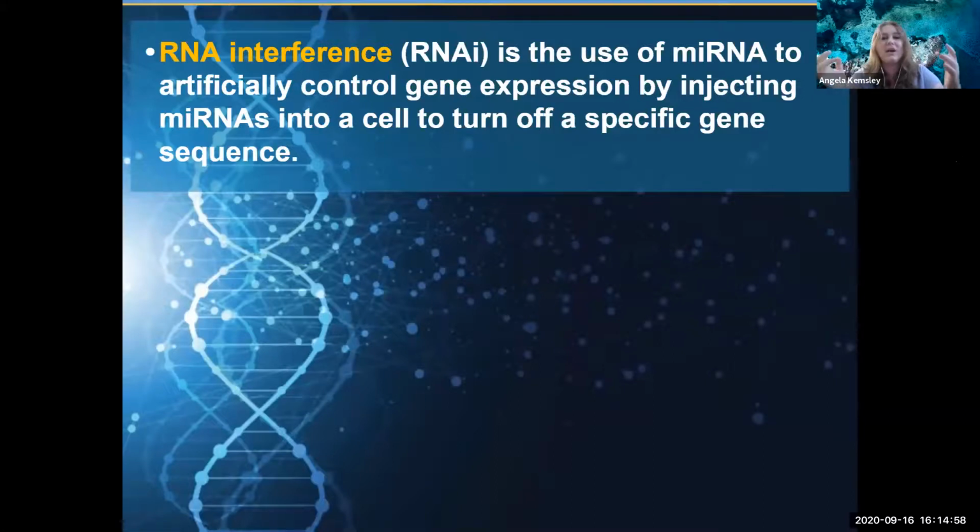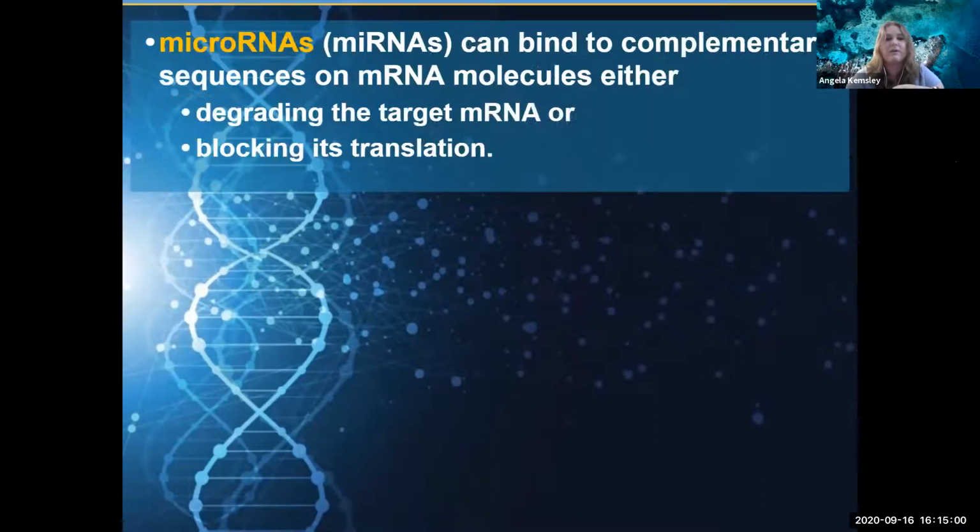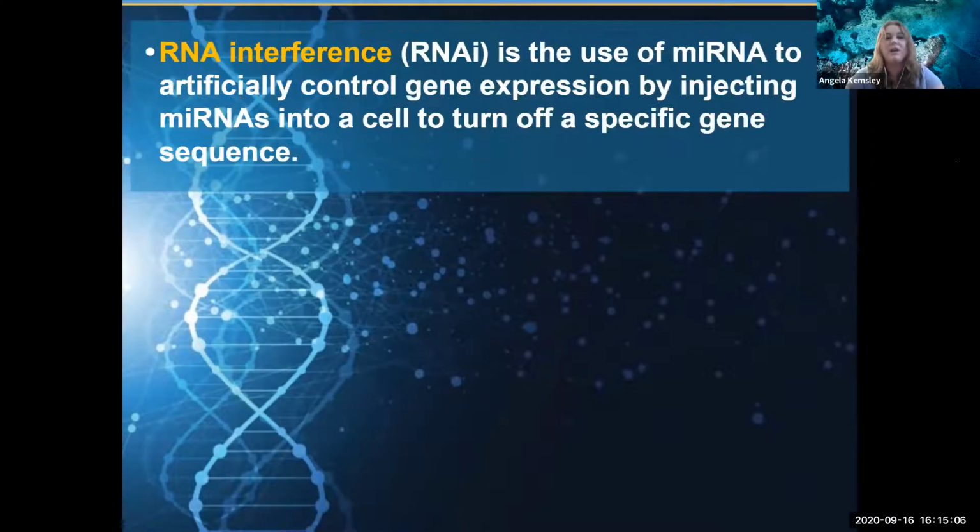This causes what we call RNA interference. And in RNA interference, the use of microRNA to artificially control gene expression is done by injecting those microRNAs into a cell in order to turn off specific gene sequences. So we can actually do this on purpose.